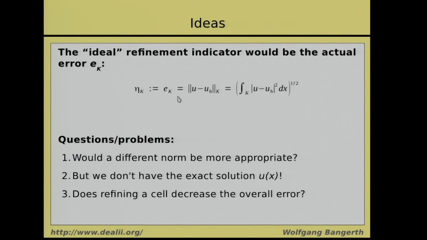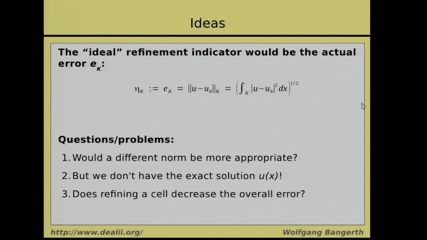And the true error on cell K could be something like the difference between the exact solution and the UH that I've computed, my discrete solution, integrated over the cell, right? So this is the L2 norm here, which means that I have to take the integral of u minus UH squared and then take the square root of this.